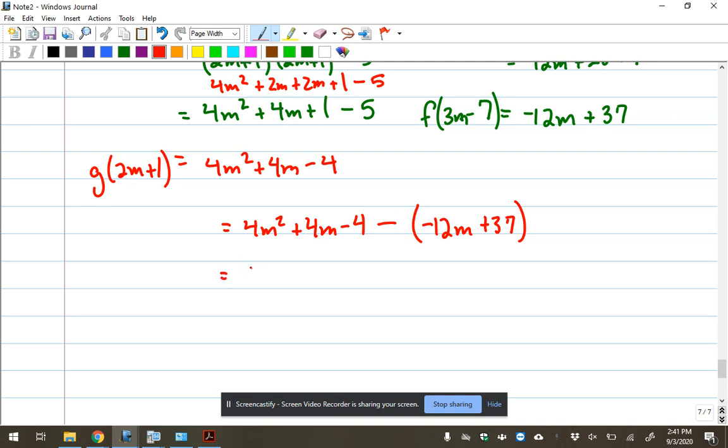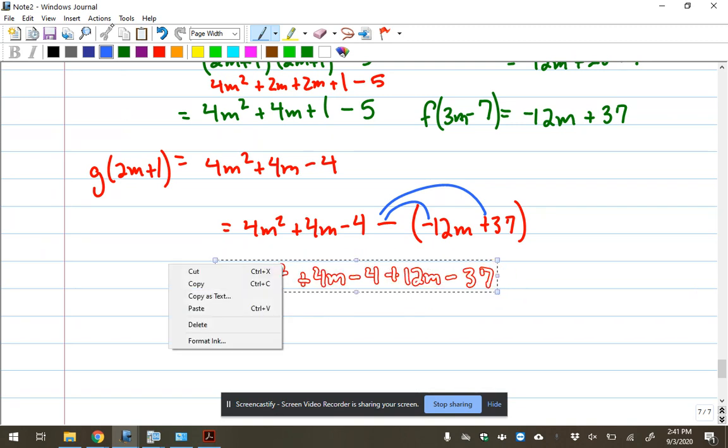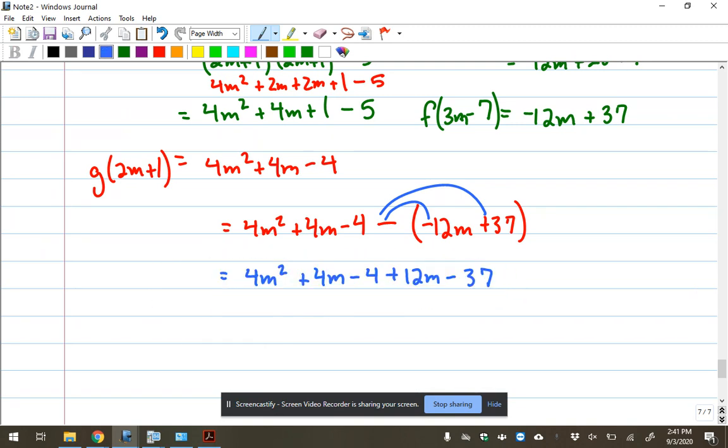So that's going to be 4m squared plus 4m minus 4 plus 12m minus 37. Notice how I distributed the minus sign to both of those. That's what I did to get that next line. So the blue line came from the blue distribution.